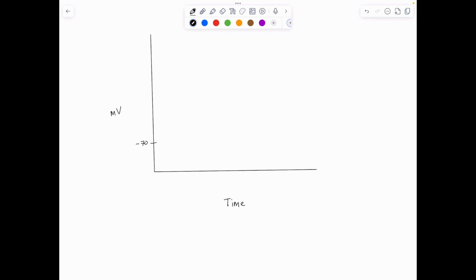And here's negative 70, minus 50, plus 30. And then after I draw this action potential, we'll talk about each part of the graph and what is happening on the membrane to make this happen.